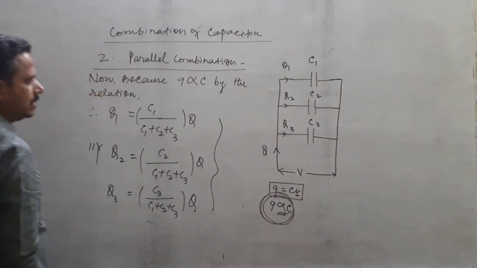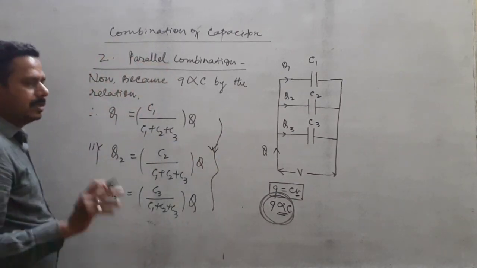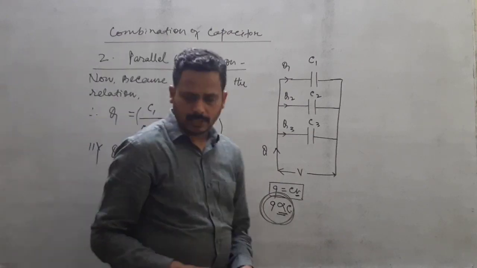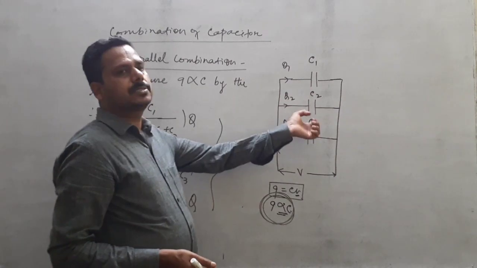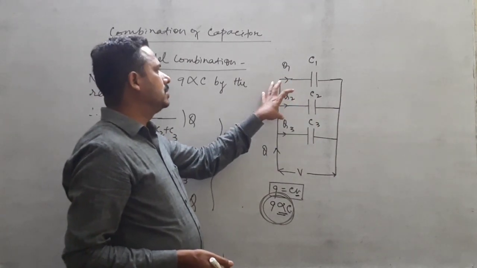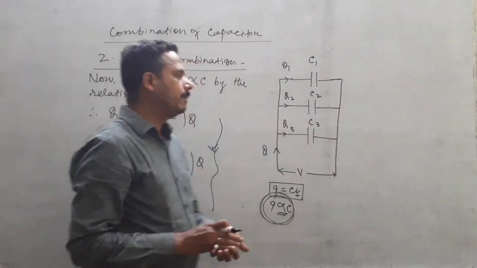So this is the relation. Using it, suppose I want to find the net capacitance and the charge through each capacitor.